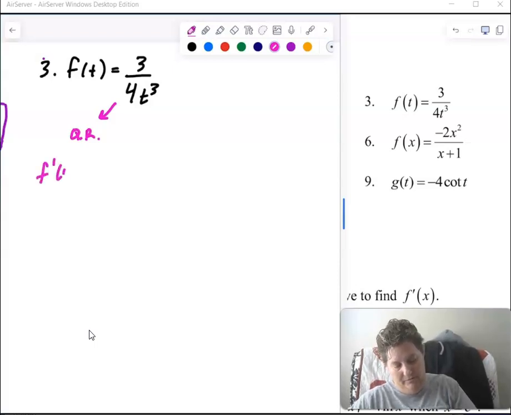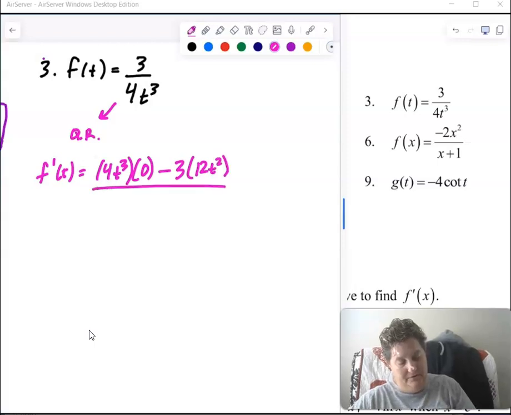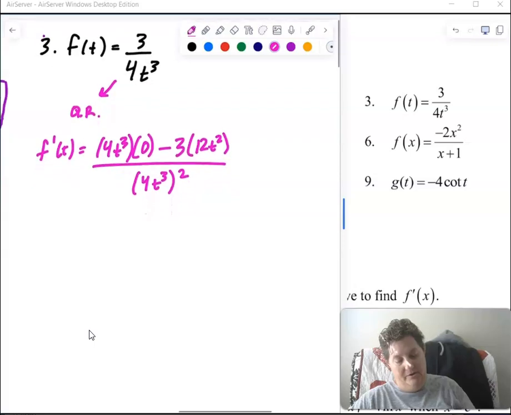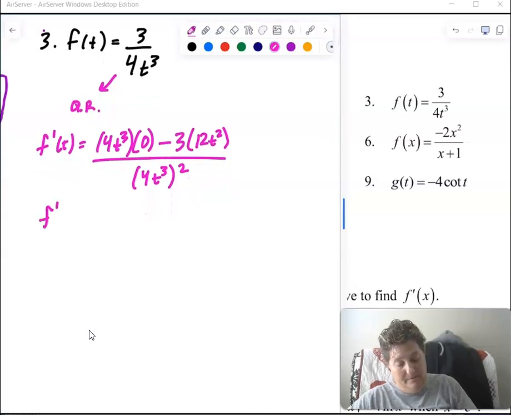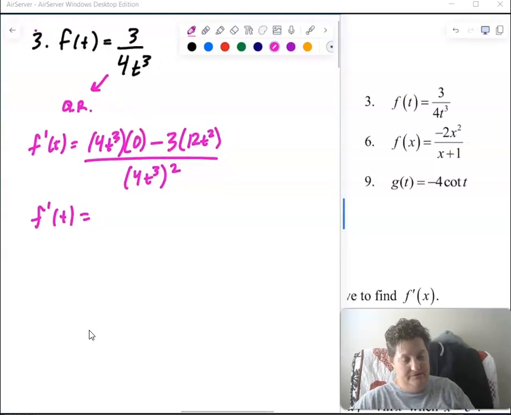You would go low d high, that means 4t cubed times the one on top, minus high d low, that's 12t squared, square the bottom, and away you go. But I'm pretty sure that this question on the test does ask you to give a simplified answer.